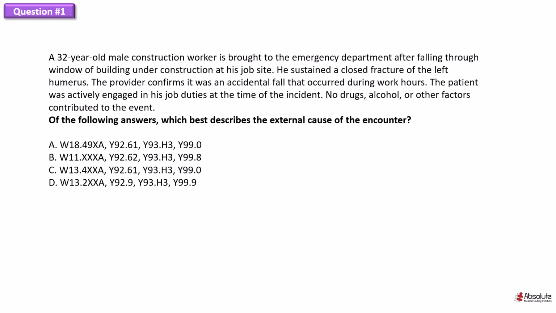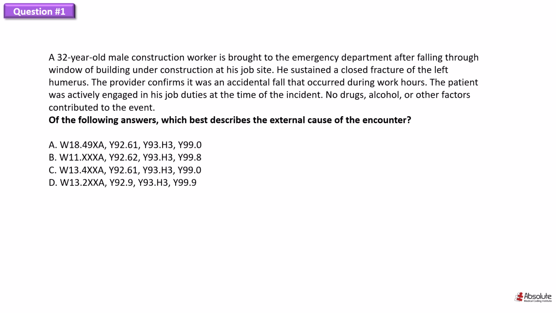Y93.H3, Y99.9. A 32-year-old male construction worker is brought to the emergency department after falling through the window of a building under construction at his job site. He sustained a closed fracture of the left humerus. Provider confirms it was an accidental fall that occurred during work hours.